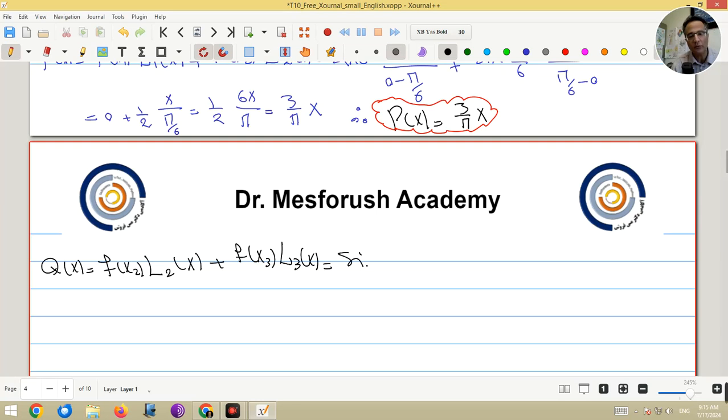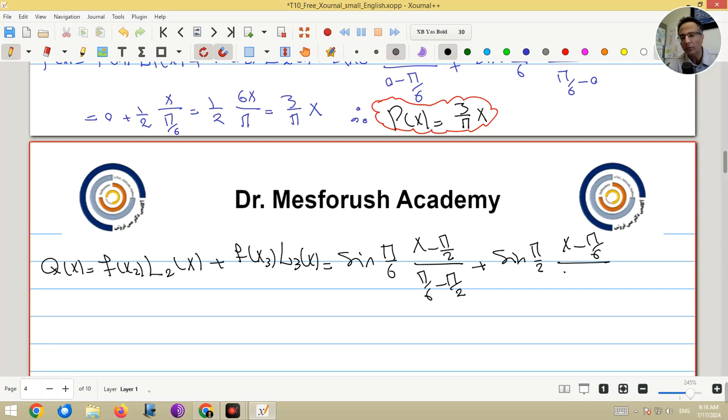This is equal to sine of π over 6 times (x minus π over 2) over (π over 6 minus π over 2), plus sine of π over 2 times (x minus π over 6) over (π over 2 minus π over 6).